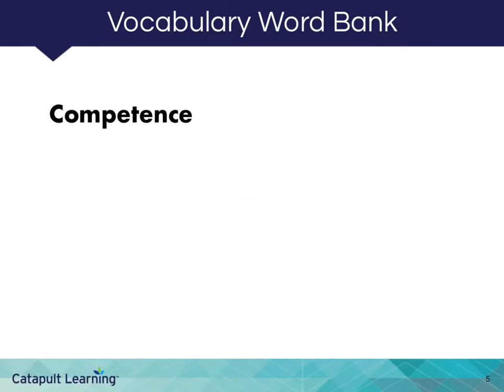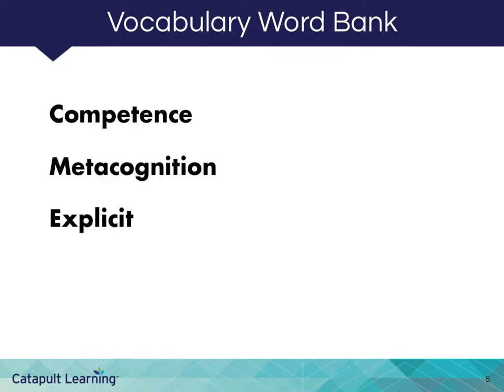In order to address Dufour and Fullen's 3 big ideas, we need a common vocabulary. Take a look at these 4 words: competence, metacognition, explicit, systematic. Let's define our 4 terms. If you're viewing as a staff or PLC, feel free to pause the video to create common or shared definitions with your colleagues.